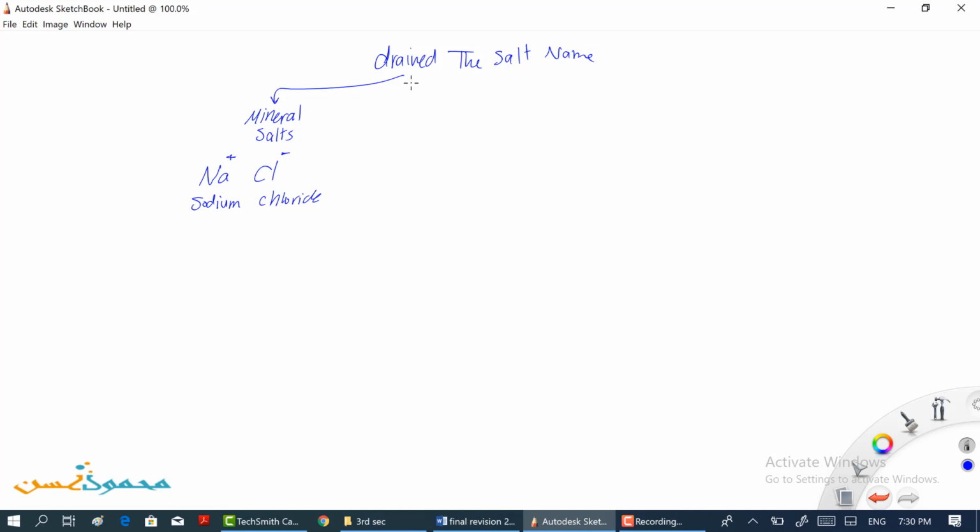Sometimes it comes from an organic source, like sodium acetate. In this case, we start with the acidic part, CH3COO and Na. This is the negative part and this is the positive part.